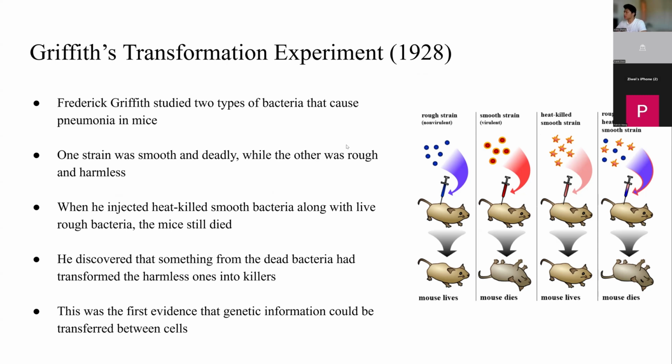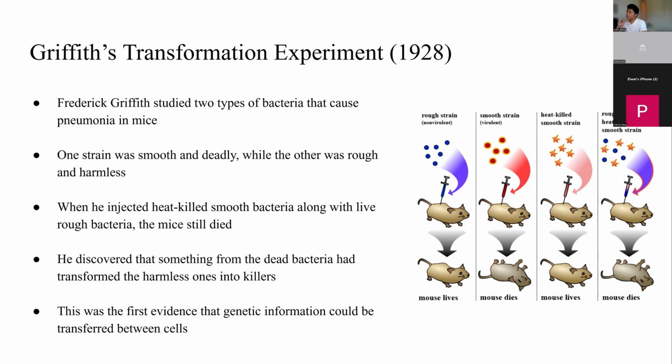And Griffith noticed this. He said that something from the dead bacteria that was injected into the mice transformed the non-virulent strain into a virulent strain. So some interaction happened between these two strains.